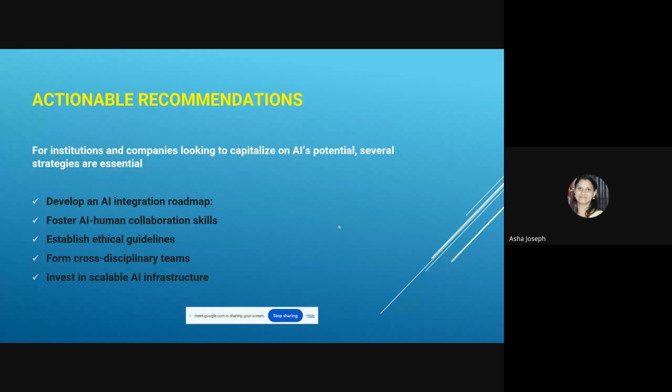And form cross-disciplinary teams. So creating teams that blend domain experts with AI specialists, so that you can ensure appropriate application of AI tools and accurate interpretation. And obviously, you need to invest in scalable AI infrastructure.